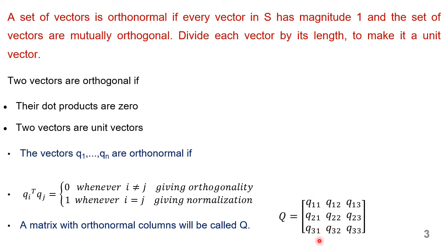And if these column vectors have to be unit vectors, then Q11 should be 1. Similarly, Q22 should be 1, Q33 should be 1.